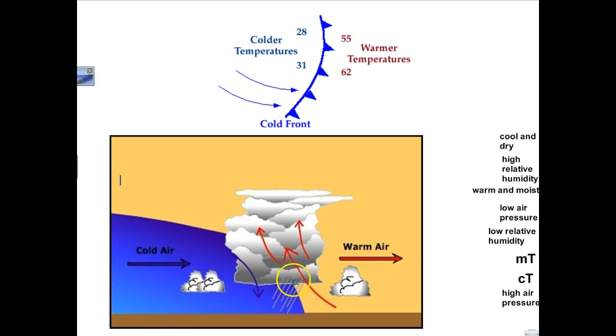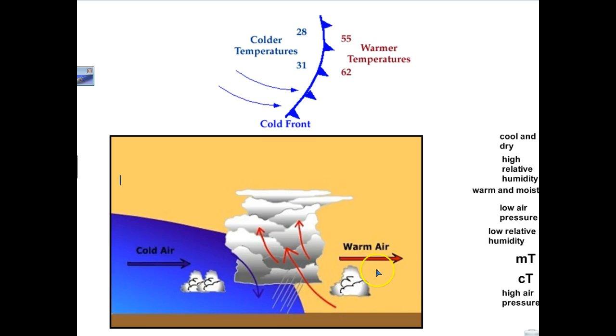You can see that we have this steep incline here to represent the cold front. This is because cold air moves very quickly in onto the warm air. This causes the warm air to then rise up very quickly, causing thick, heavy clouds and precipitation to usually form along a cold front.